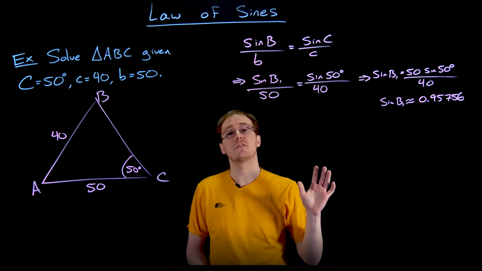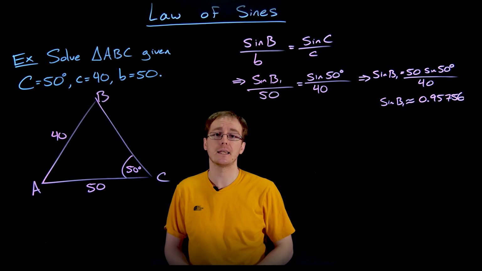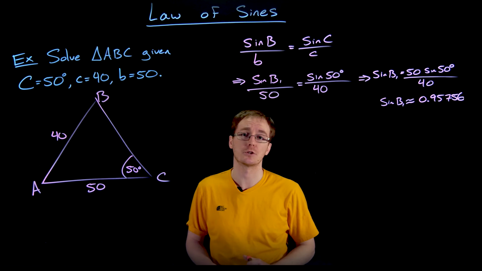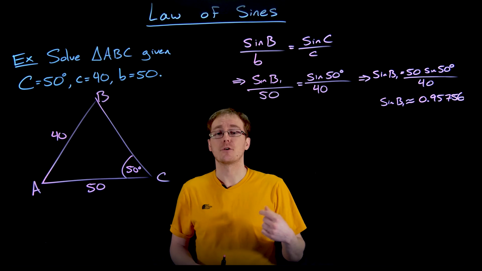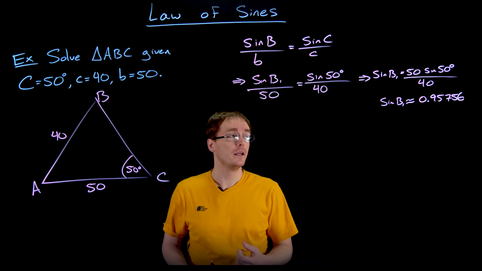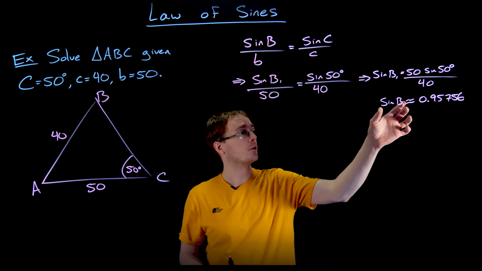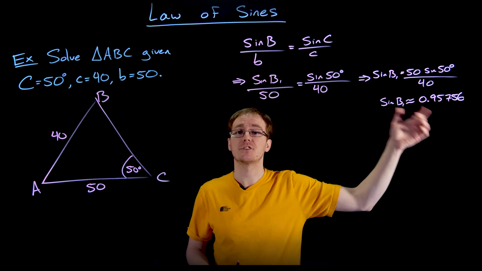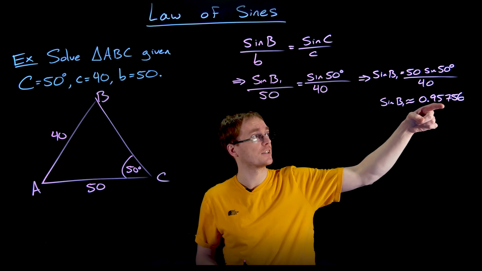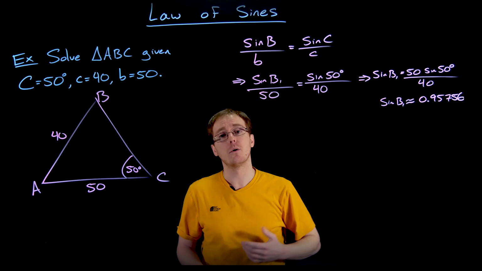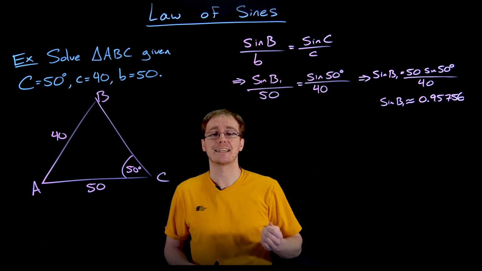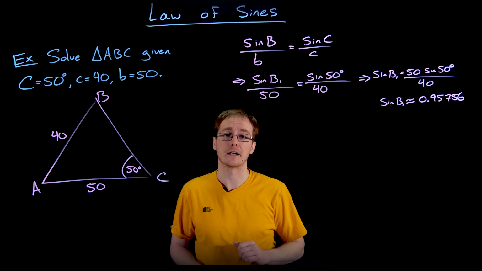0.95756. And so this is the first place where we can check our ambiguous case to see if we have any possible triangles. And so for that, we have to remember the range of our sine function is from -1 to +1. And so if we ever get sine of our unknown angle is equal to a value outside of that range, like the right-hand side is a number bigger than 1 or less than -1, then we know that's impossible. And that's the case where we have 0 possible triangles.